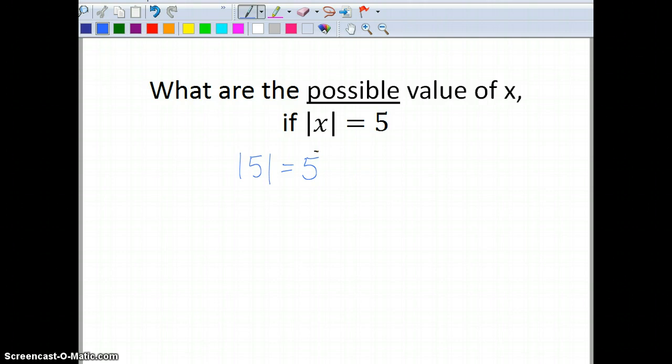The other thing I could have is the absolute value of negative 5, which could also be 5. So I have two values that x could be. X could either be a positive 5 or a negative 5, because whatever's inside the absolute value bars is positive.